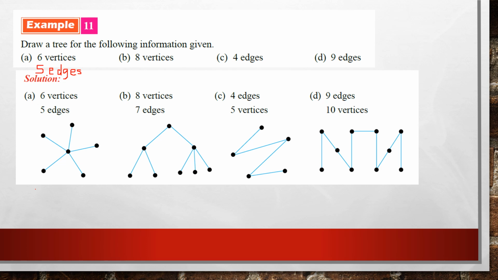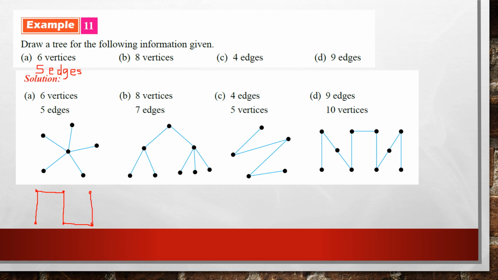Always remember, when you want to draw a graph for a network, you draw the vertices first. You put the 6 vertices first. You can use any shape, but please use a ruler to draw the edges. This is an example.